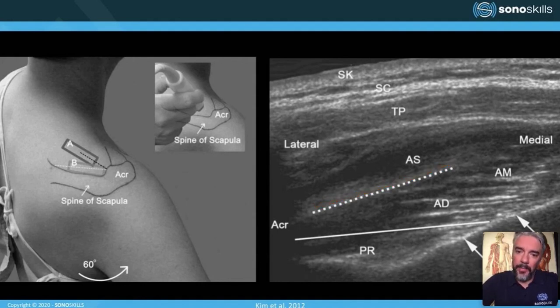And this internal aponeurosis, you can see all these fibers inserting to this aponeurosis. This has been well documented by the author Kim, who made, I think, a PhD thesis on this topic, pennation angles of the supraspinatus.